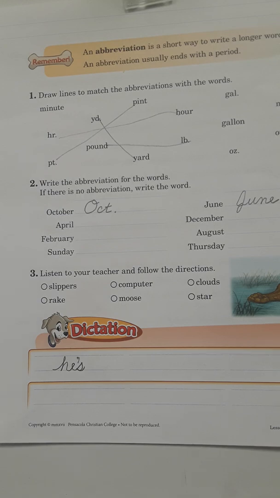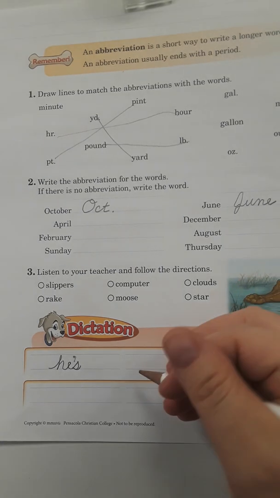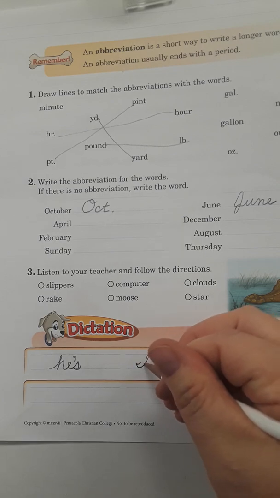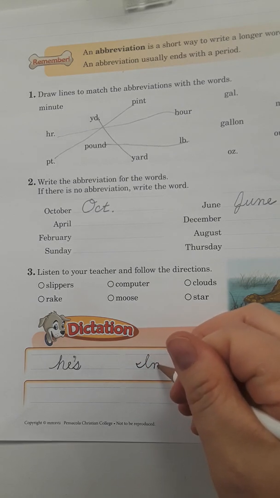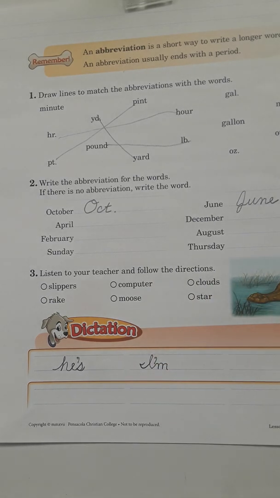I am. What would you write for the contraction for I am? I'm. Capital I, because it's referring to yourself. Make sure the apostrophe is in between the I and the M.